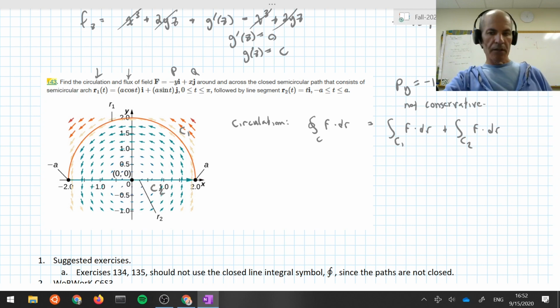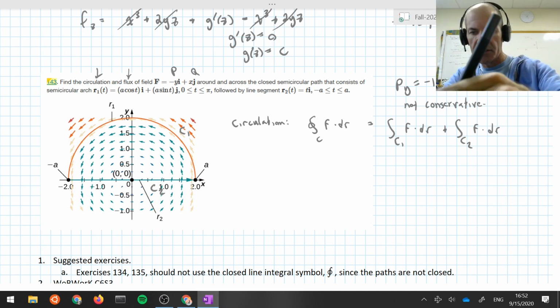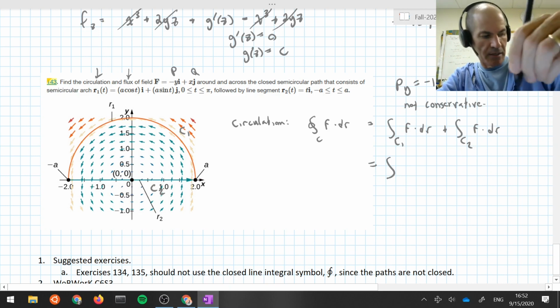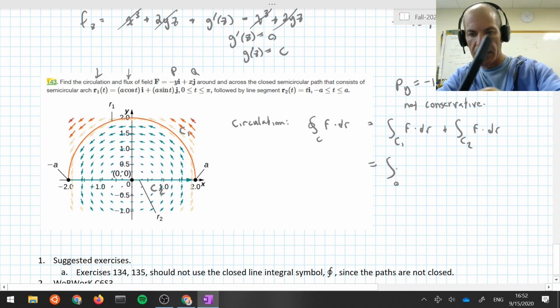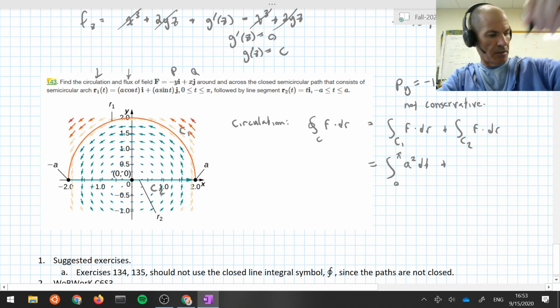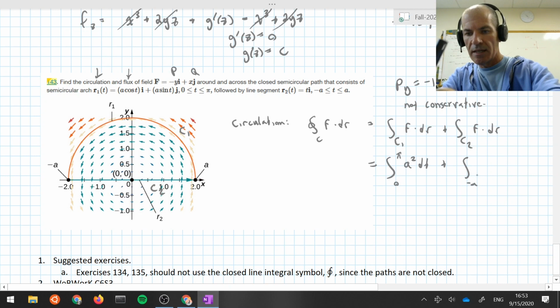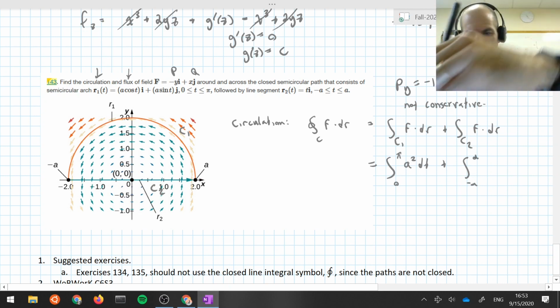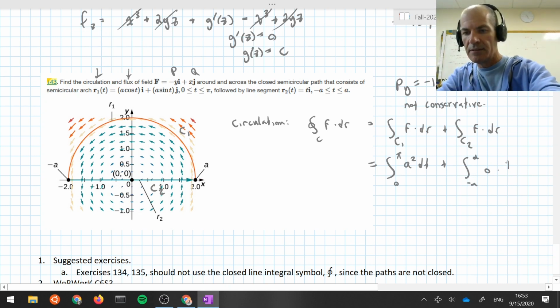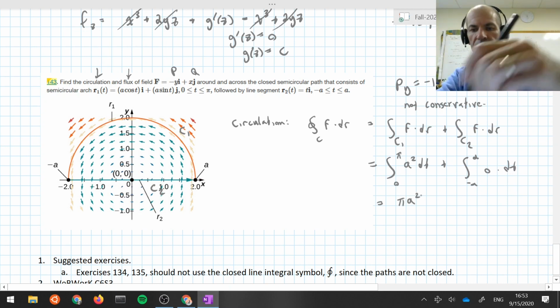So if you do that work, let me get my notes out here again. I'll give you an intermediate step here, that first integral is going to work out to be the integral from 0 to pi of a squared dt, plus the second integral from minus a to a of 0 dt. That second one, of course, works out to 0, and the first one works out to pi a squared.